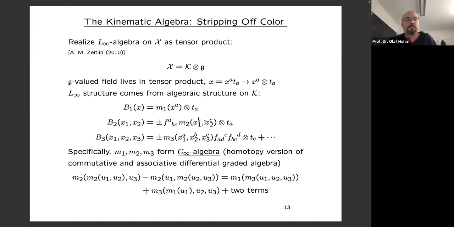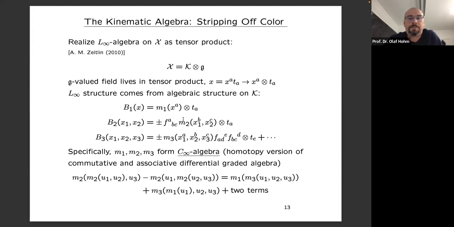Lie algebra. And now we can relate the L-infinity structure that I just defined to a kinematic kind of algebraic structure as follows. So if you write X as X^a T_a, you can write the differential B1 as an M1 acting on X^a. So a is now just a label index. It's not Lie algebra valued anymore because I've taken out the Lie algebra generators.